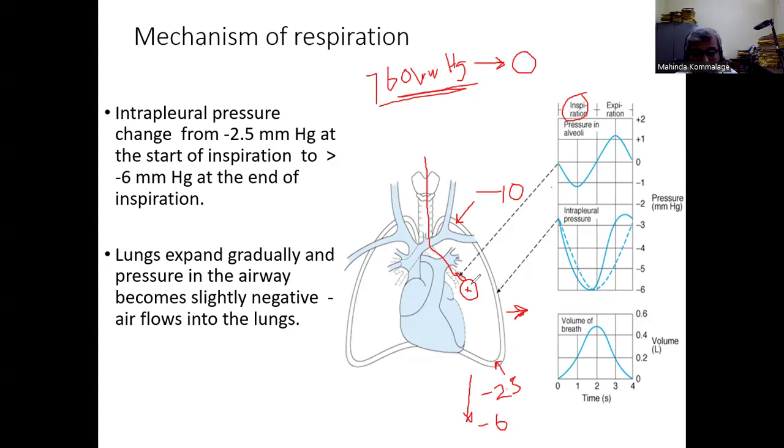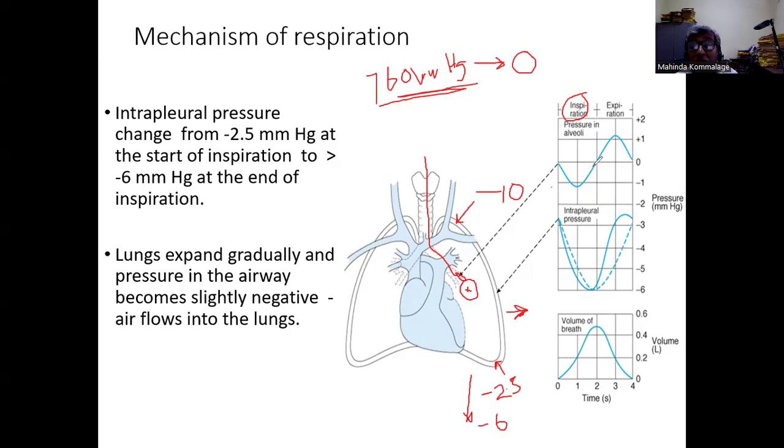Increases. Pressure should increase. That means pressure will come to -1 and airflow is established, and then gradually it starts to increase because air is coming.